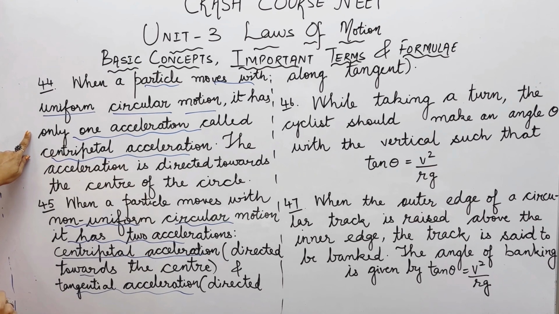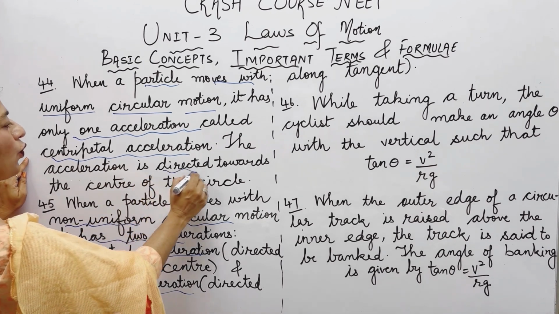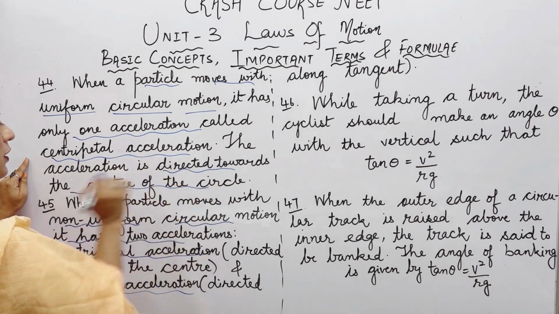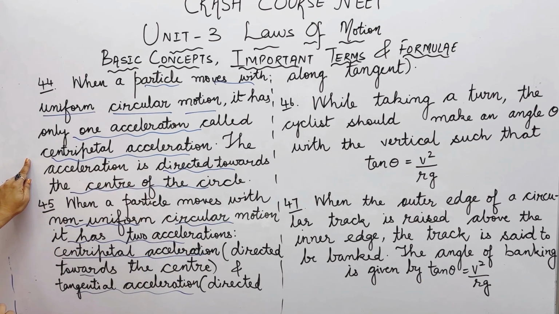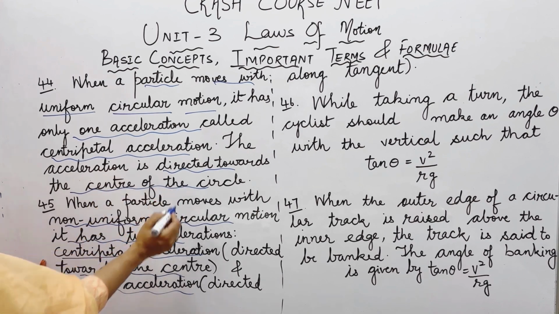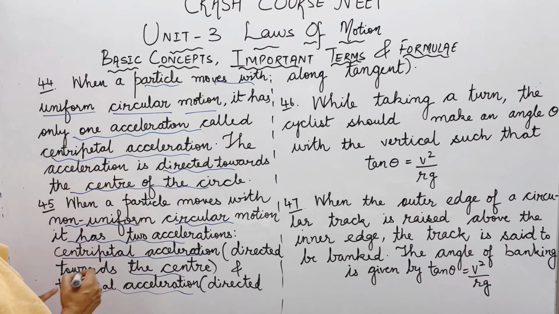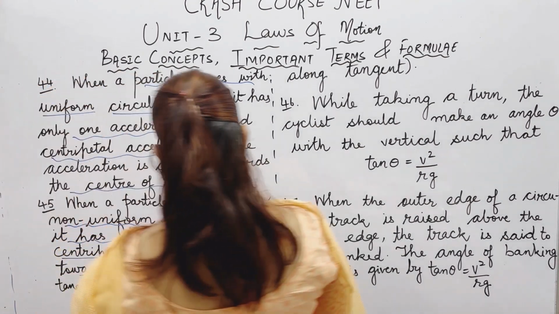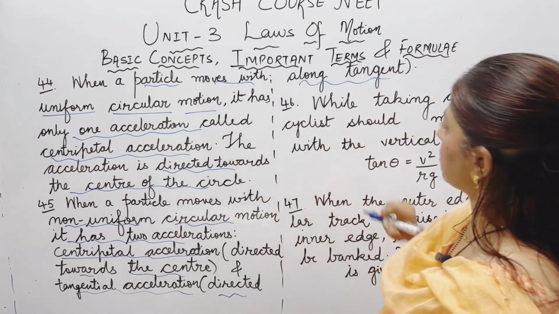The centripetal acceleration is directed towards the center of the circle, and the tangential acceleration is directed along the tangent.